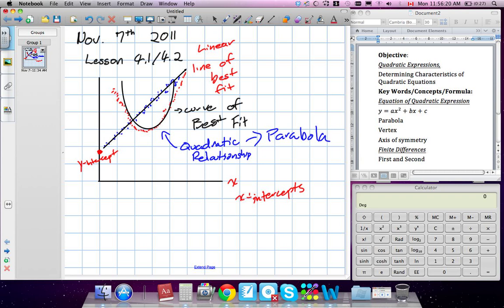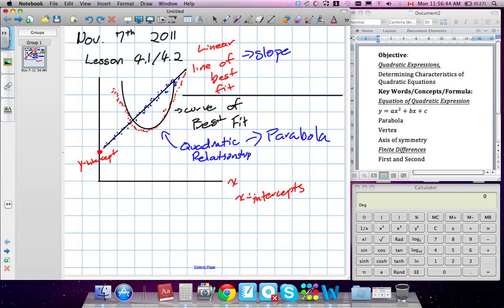Okay? We also have a slope on a linear relationship. We have slope with linear. Let's try to separate these two. Okay, up there.